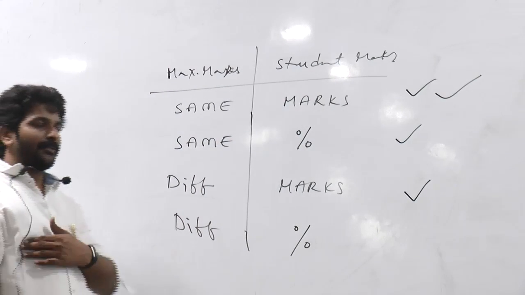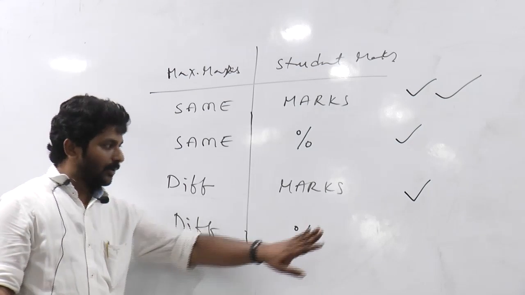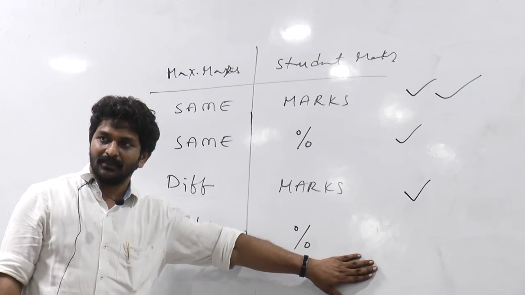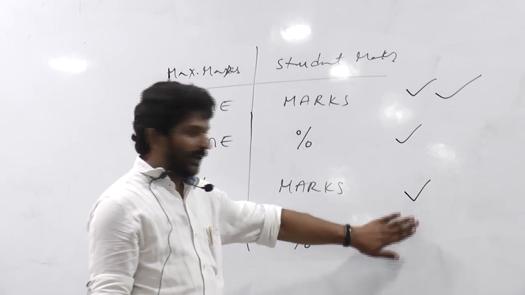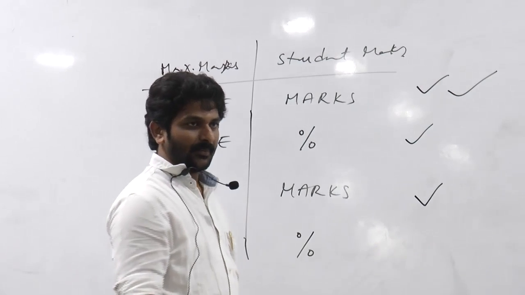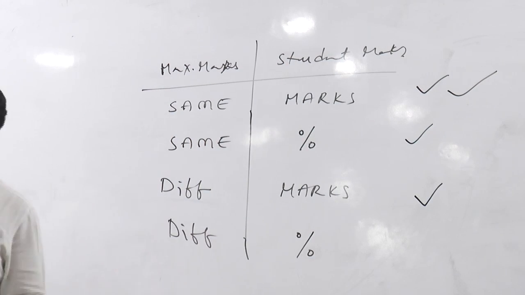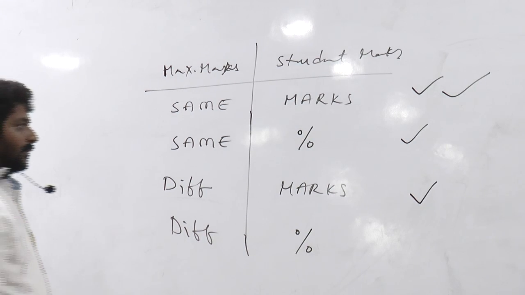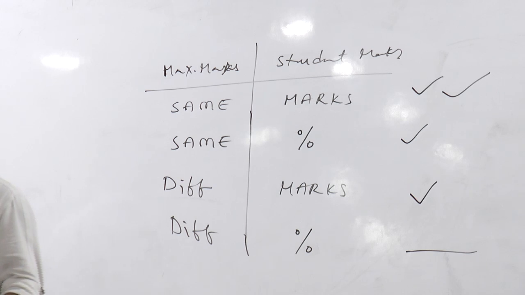If maximum marks in every subject are different, and information is given in percentage, hold this question. It is going to take time. Hold it. It takes time. Try to complete the remaining questions and then try to solve this type of question. Just by looking at the data, you can decide whether to pick it or not.